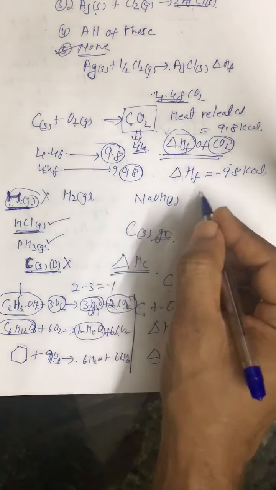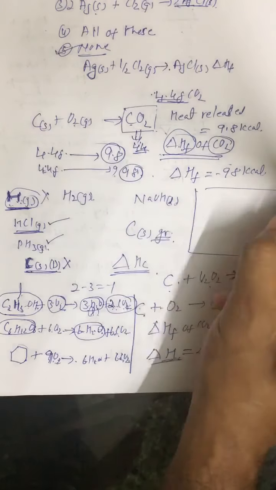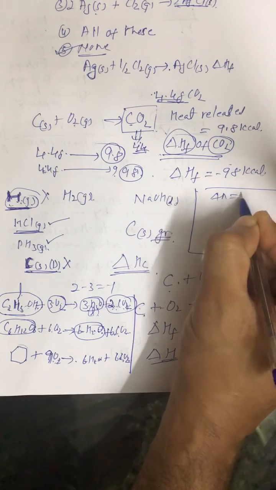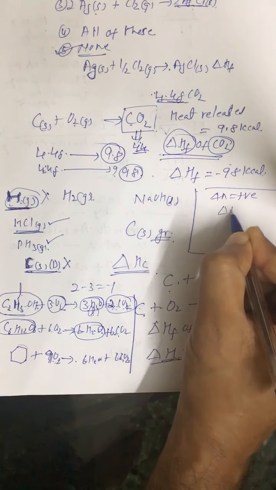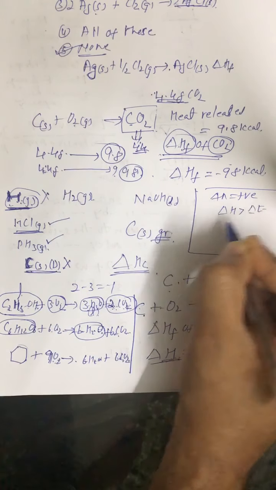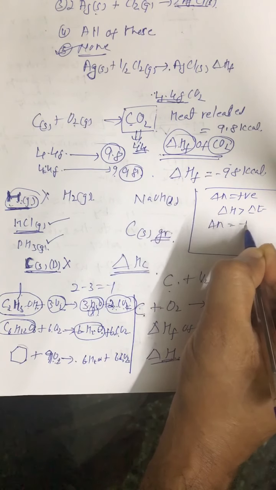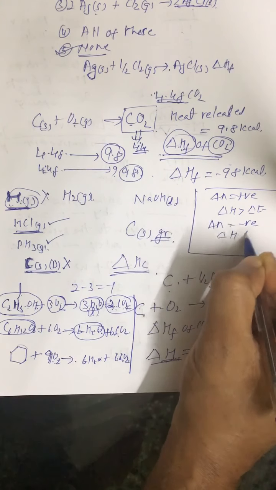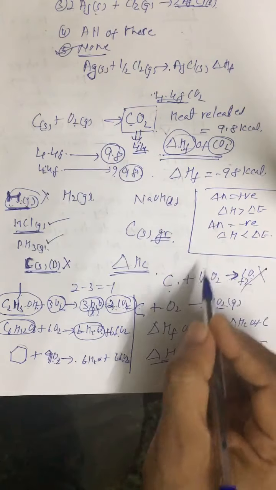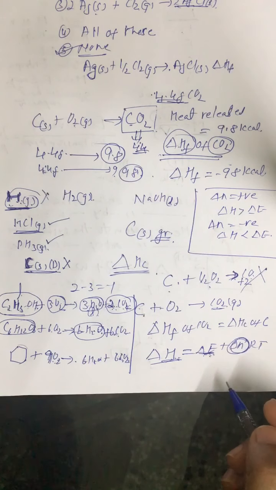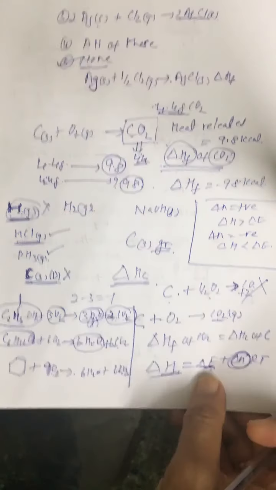Delta n is equal to minus 3. If delta n is positive, delta H is greater than delta E. If delta n is negative, delta H is less than delta E. And if delta n is 0, delta H is equal to delta E.